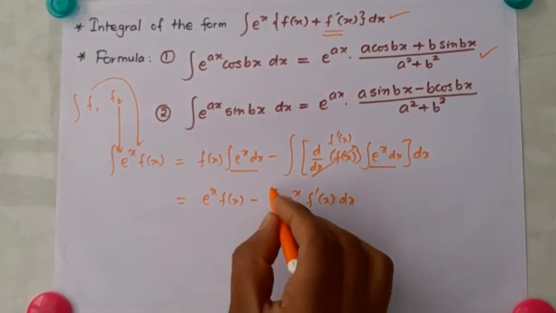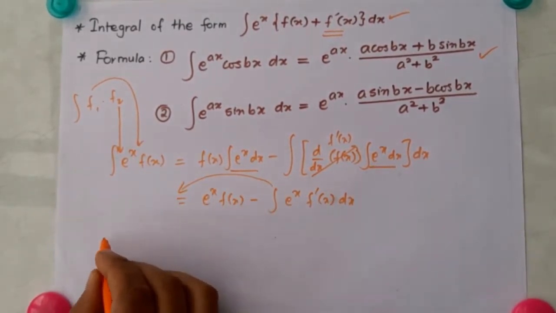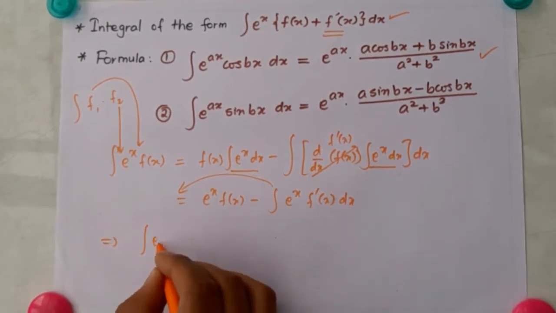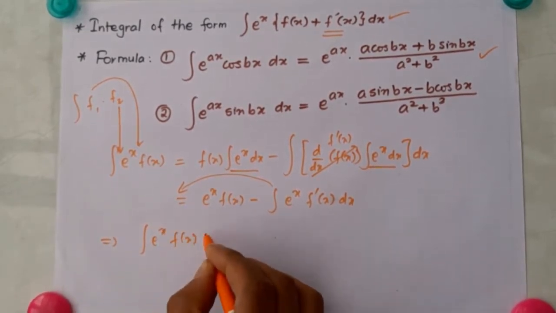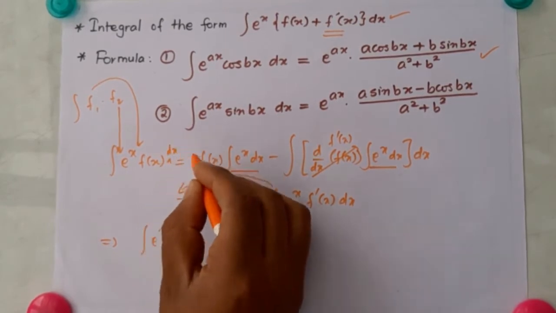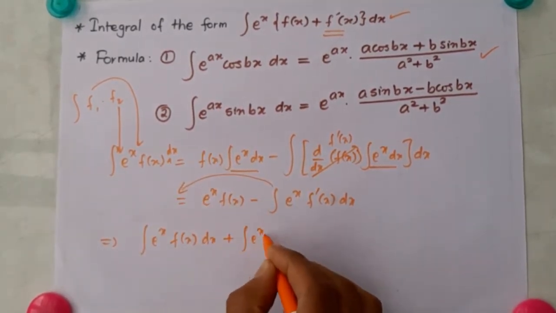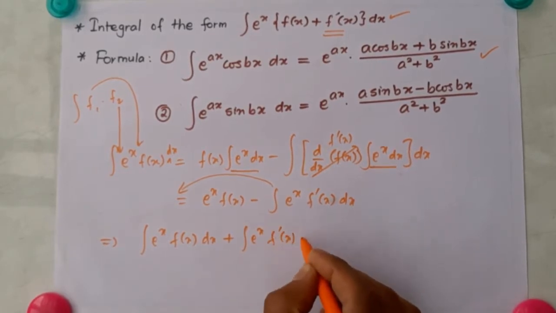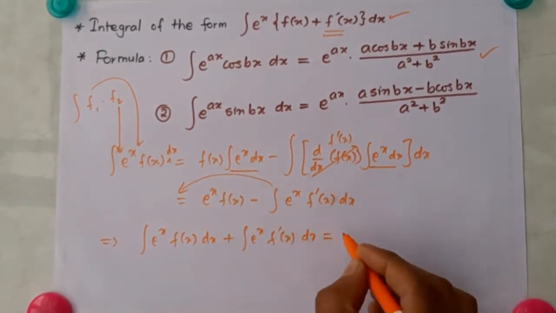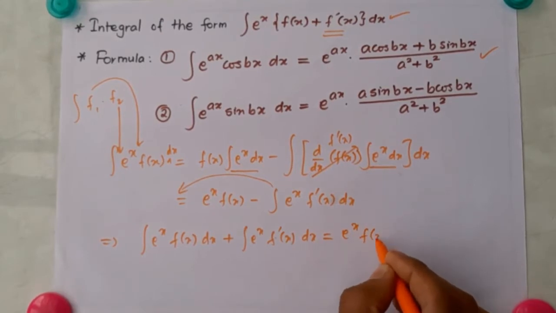Now let me take this to the left hand side. If I do that, then I'll get the integral of e to the power x f(x) dx, and the other term comes over here and becomes plus the integral of e to the power x f dash of x dx, is equal to e to the power x f(x).